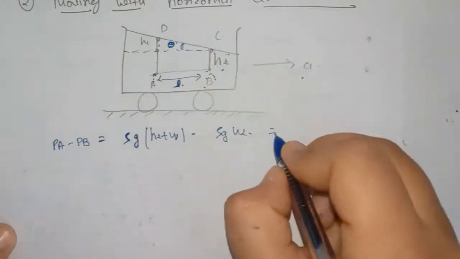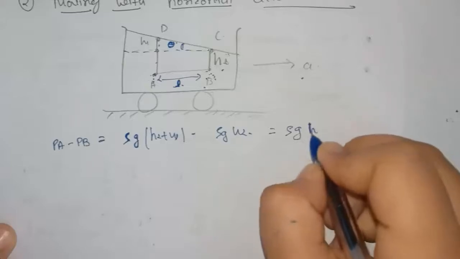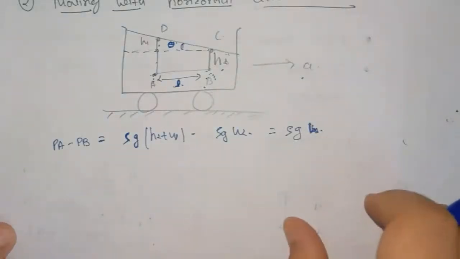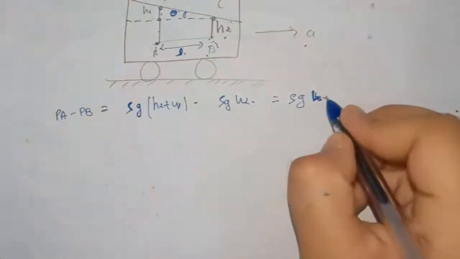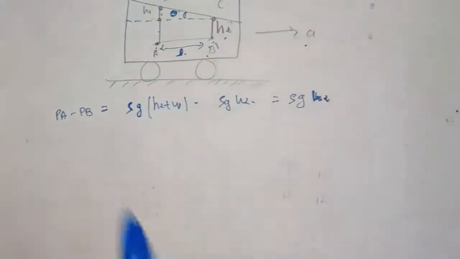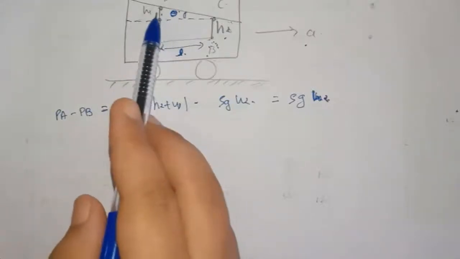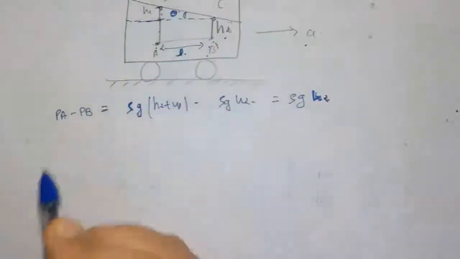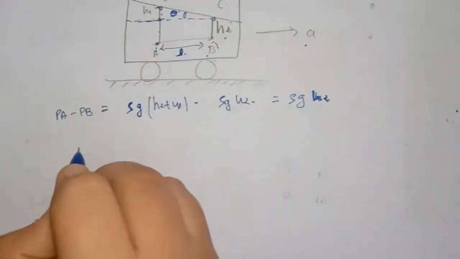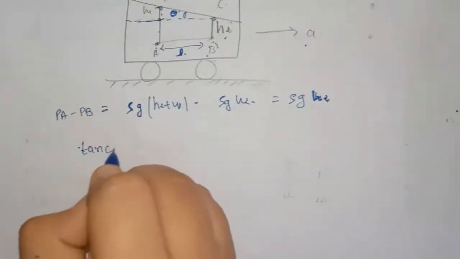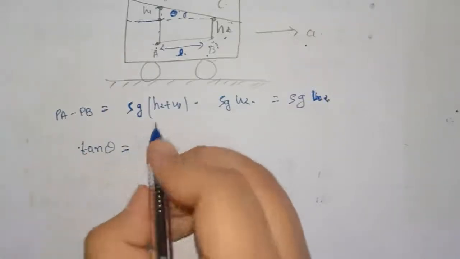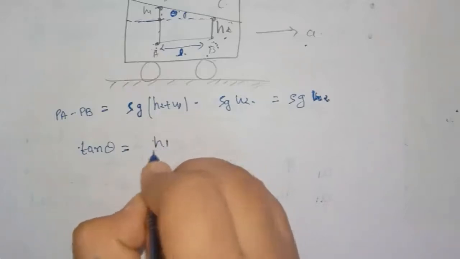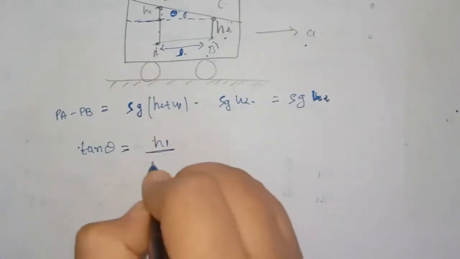So that will give us the answer rho g h1. Now, in this triangle, this height is taken h1 here. In this triangle, we can write tan theta is equal to h1 upon L.